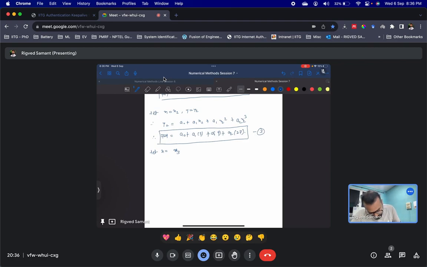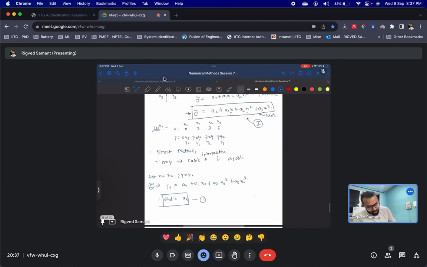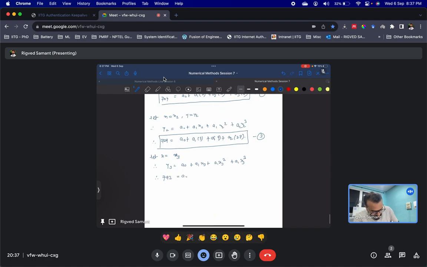X is equal to x3, therefore y3 is equal to a0 plus a1 x3 plus a2 x3 square plus a3 x3 cube. So this is 792, and x3 is 6. So a0 again the same, a1 into 6 plus a2 into 36 plus a3 into 36 into 6, this is 216.